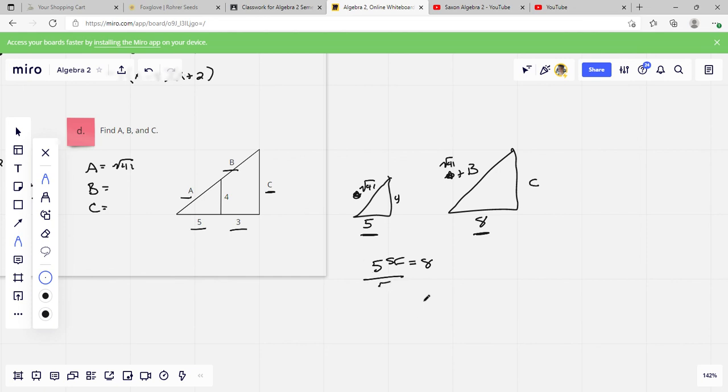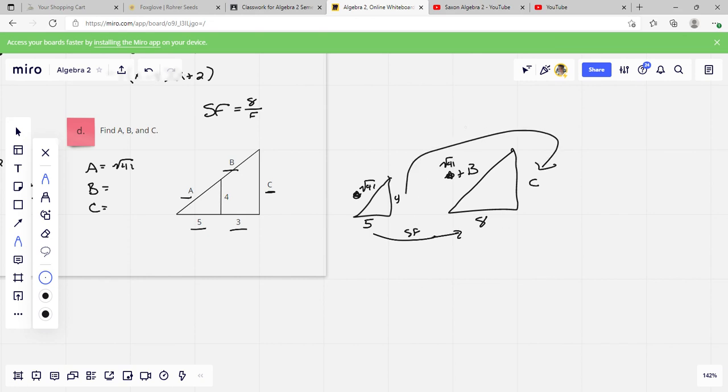So then I divide by 5, and I know my scale factor equals 8 over 5 when I'm going from the small triangle to the large triangle. So I'm going to use that same scale factor on 4 to C, right? So if I said 5 times my scale factor, I get 8.